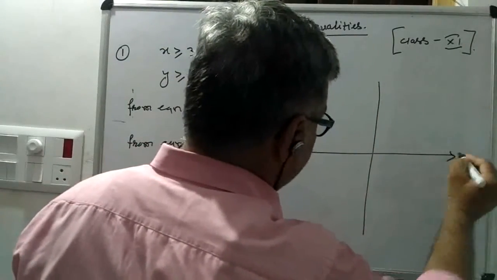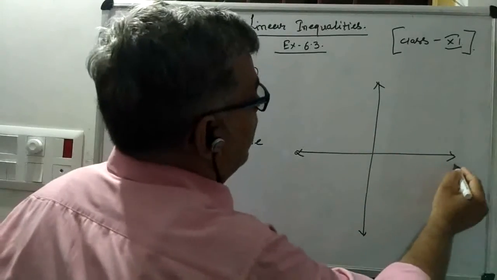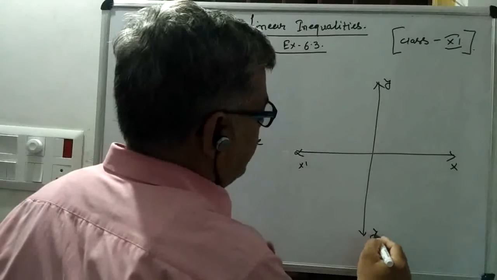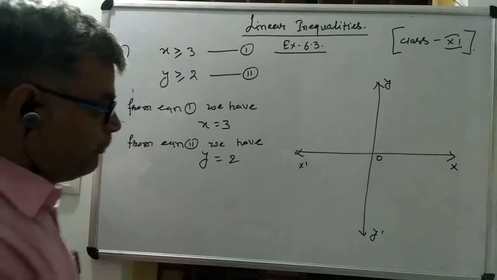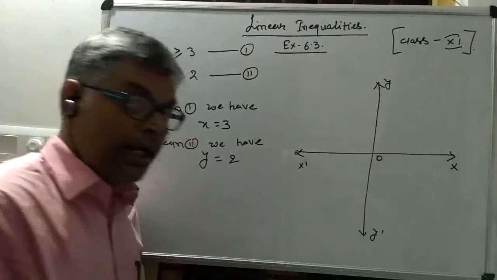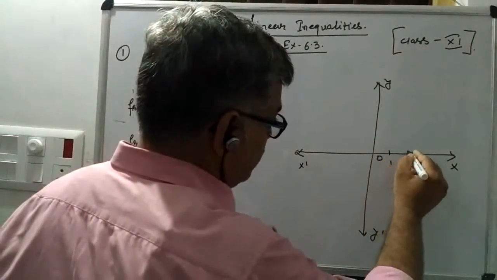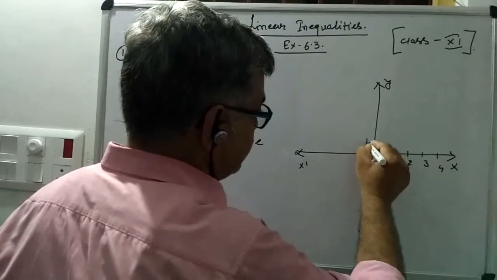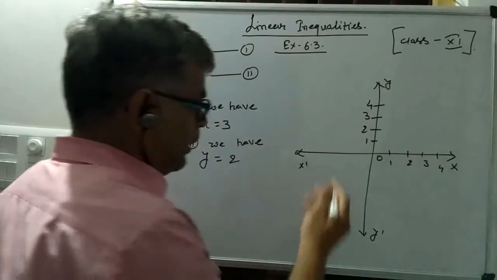Now first draw the Cartesian plane. Suppose this is your Cartesian plane: x, x dash, y, y dash, origin. Now you have to plot x equals 3 and y equals 2. So label it 1, 2, 3, 4, and on the y axis it is 1, 2, 3, 4.